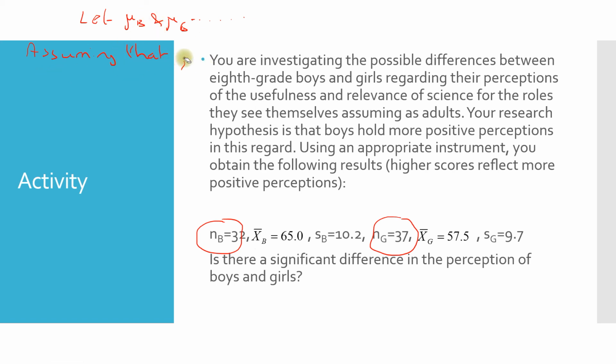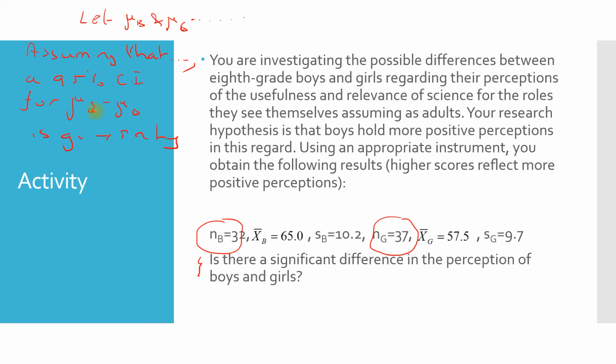Assuming that the perception scores of boys and girls are independent, a 95%, it is not stated there, by the way, but generally you will get the confidence level. You will get the confidence level, but here it is not given, so we will take it as a 95% confidence interval. A 95% confidence interval for mu b minus mu g is given by.